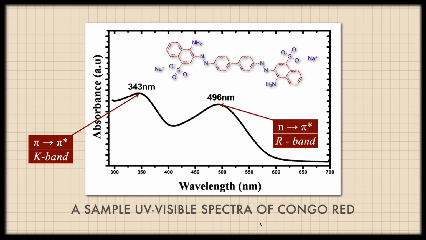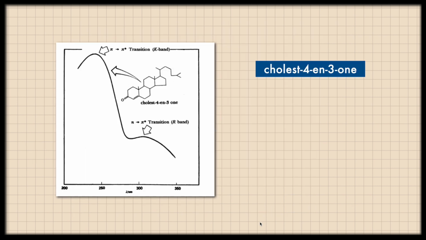Let's have a look at another spectra example. I have taken this from the spectroscopy book by P.S. Kalsi. So we have here cholest-4-en-3-one. Now you can see here the big difference between the R band and K band.